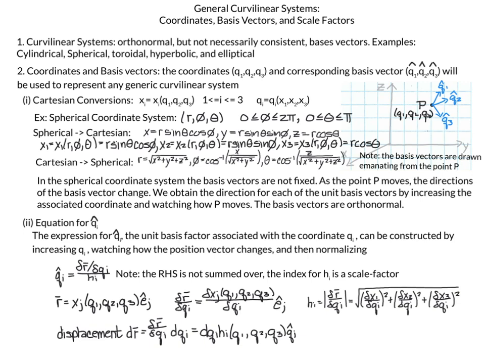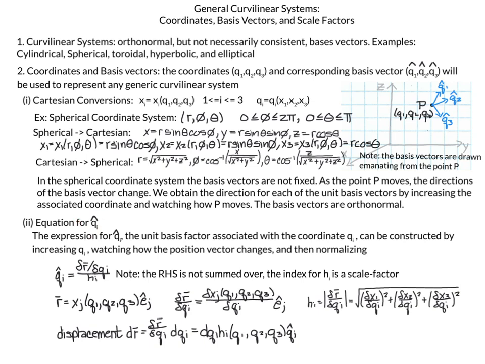Going from spherical to Cartesian, we have formulas for x1, x2, which is y, and x3, which is z. And we also have formulas going the other way: q1, that's r, q2, that's phi, and q3, that's theta, in terms of x, y, and z.